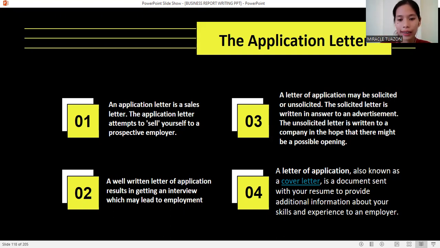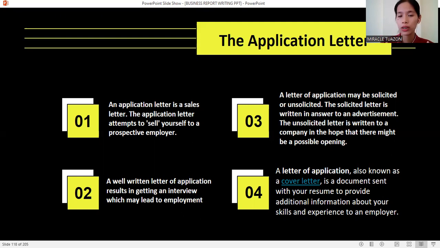Gets po? Next, unsolicited letter. It is written to a company in the hope that there might be a possible opening. In this kind of application letter, there is no assurance that there are vacancies in the company. So yun po yung pinagkaiba ng solicited and unsolicited.